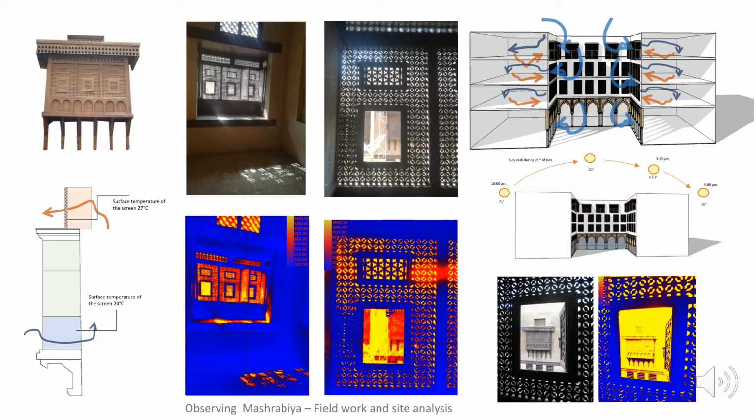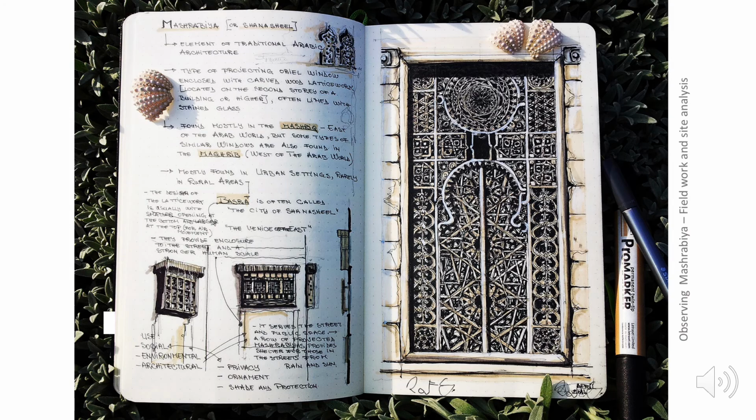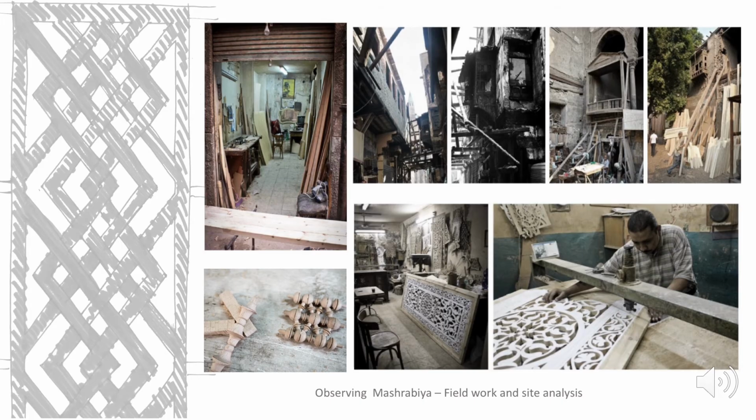So, in the field work, we noticed Mashrabiya, we observed its environmental parameters, and we also documented all the examples that we had met. We were focusing on how to remodel such complex components in different analytical software. For that, we talked with the craftsmen, we visited the workshops, and we asked them how they create the patterns.